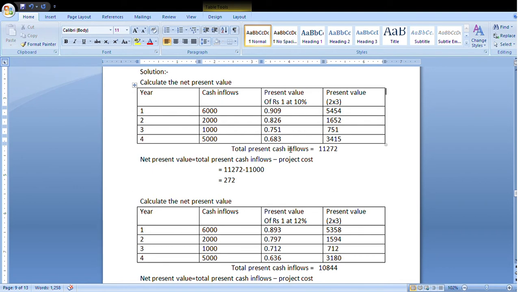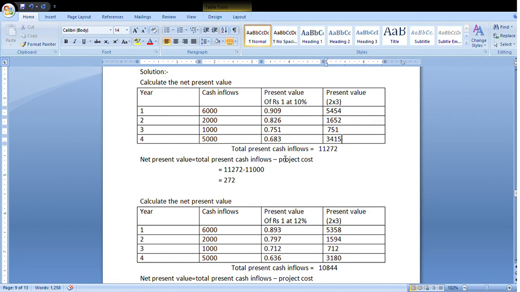Fourth year 3,415. This second column and third column multiplied is equal to 3,450. Next, you total the present values.